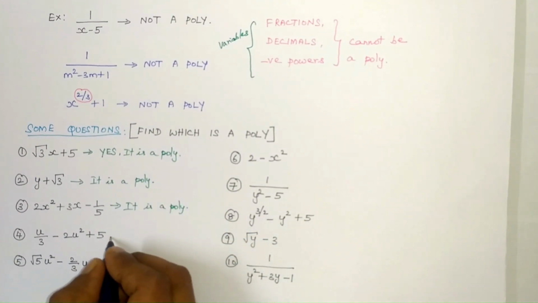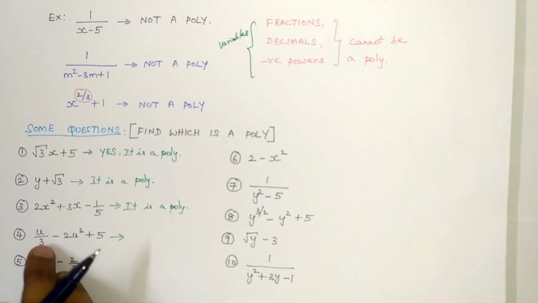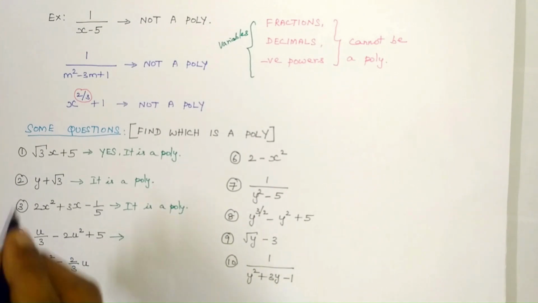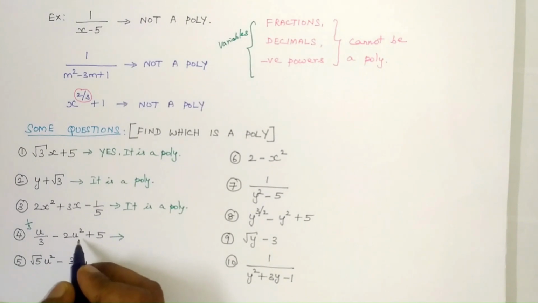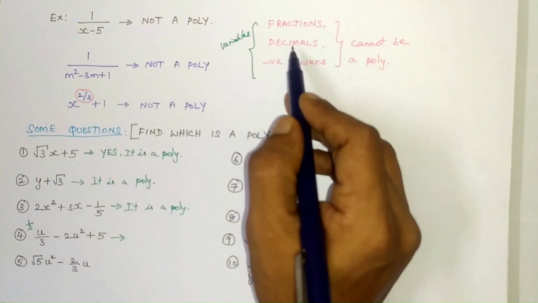Okay, the next one. What is the coefficient of u? The coefficient of u is 1 by 3. And what is the coefficient of u square? That is minus 2. So u and u square do not have any fraction, decimal or negative powers.